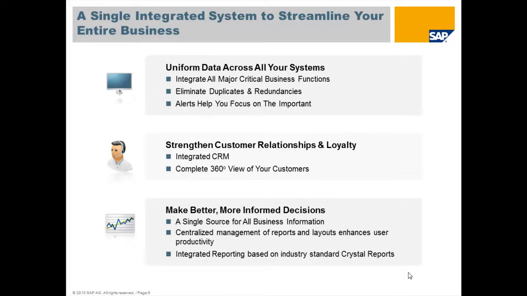And we deliver a really strong alerting engine that you set up, and you tell the SAP Business One Starter Package the key performance indicators that you want to manage, and the Starter Package will sit there almost like an employee that's working for you 24 hours a day, 7 days a week, 365 days a year, and it will tell you when there's something that needs your attention. And of course, because of mobility, it can tell you that using your iPad or your iPhone. So you'll just get a message telling you, here's something that needs you to look at it.